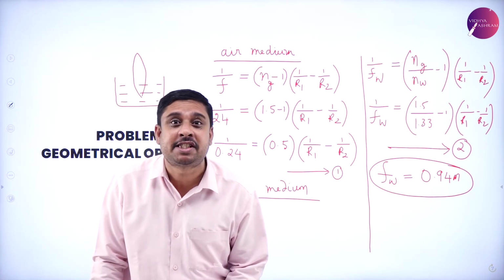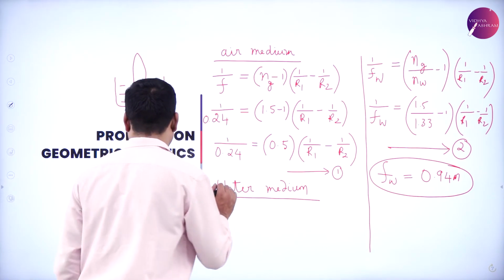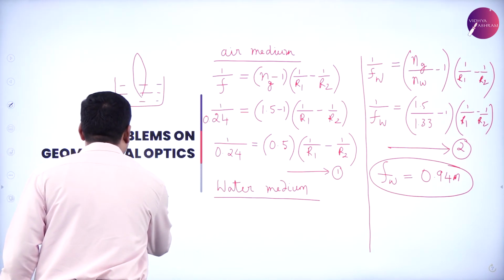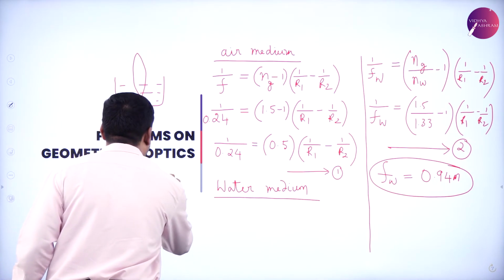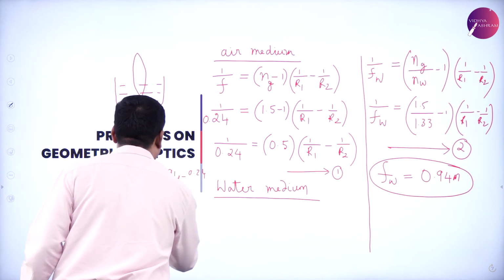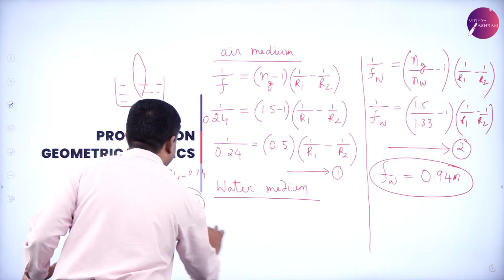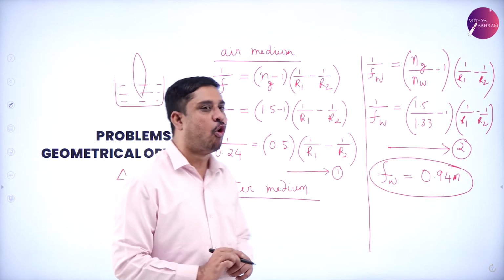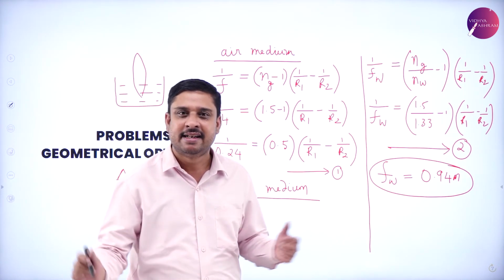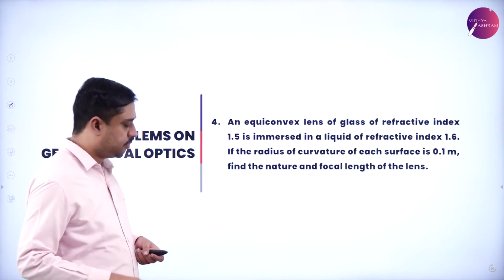He has asked us to calculate the change in focal length. So change in focal length, delta F, is 0.94 minus 0.24, so 0.7 meter is the change in focal length. You can see such a beautiful problem. Very simple. Next one.